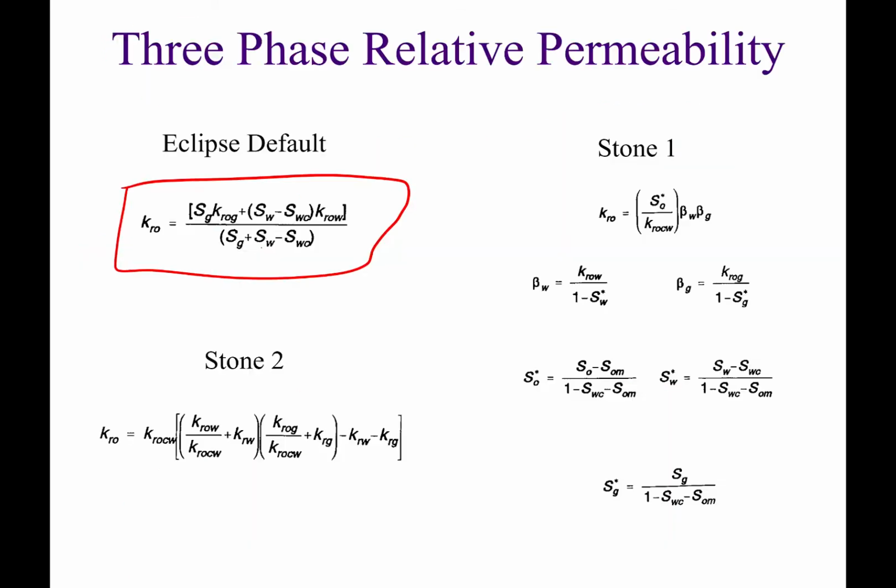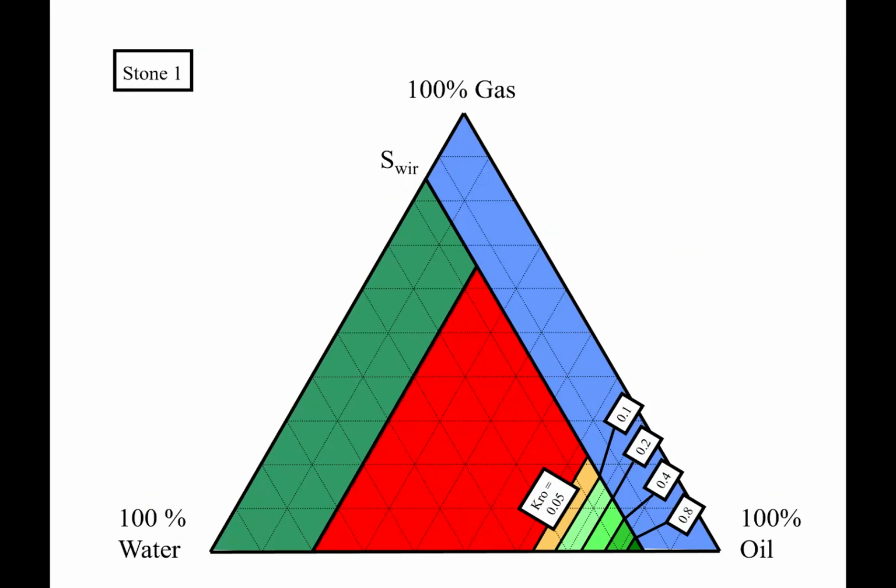What if you use the Stone's model 1, the Stone 1 model, which is this? This is what you get. So instead of those curved lines that span wider range, now you have straight lines as shown here. And again, KRO increases as you increase oil saturation, which is what you expect, right?